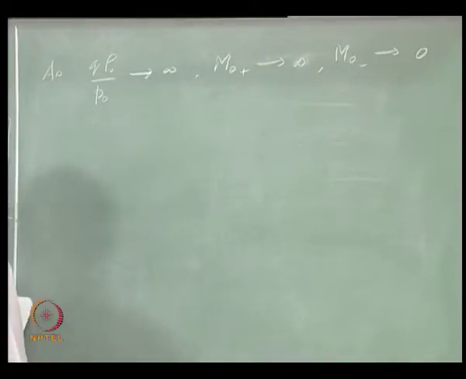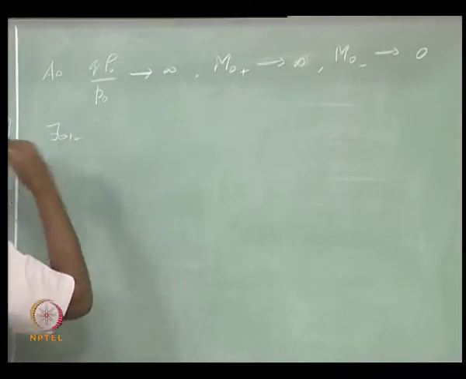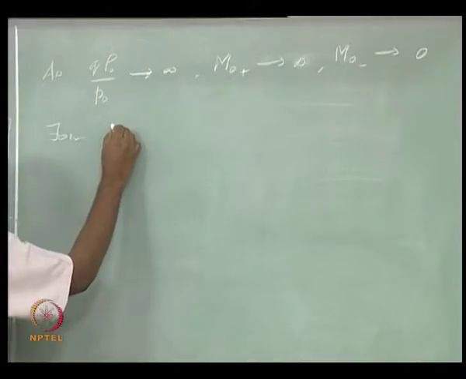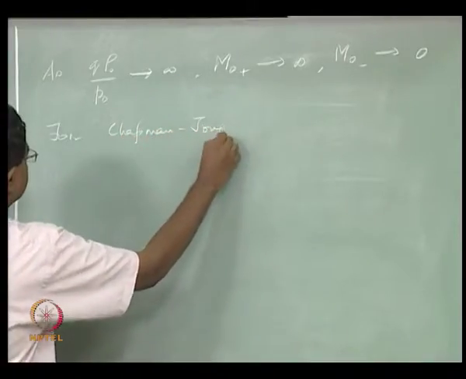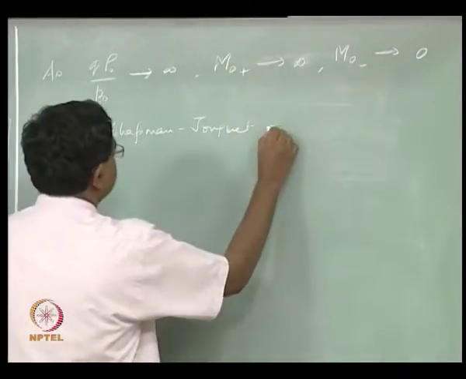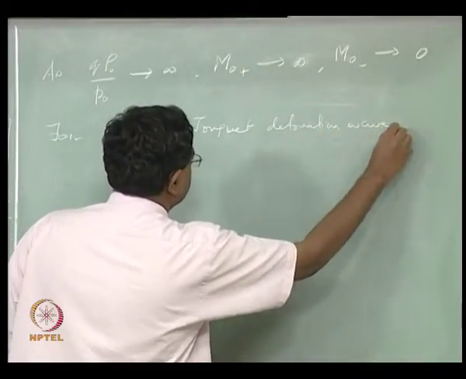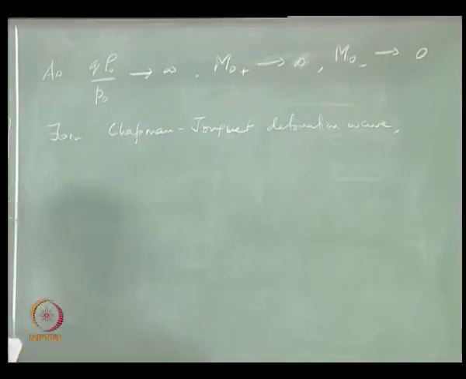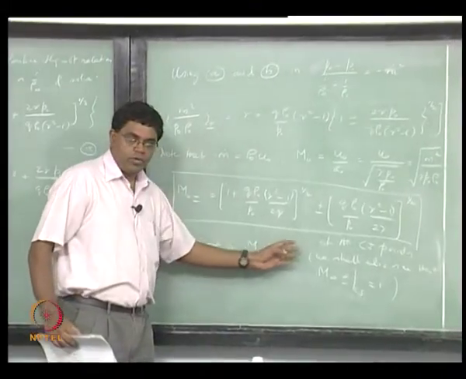what you're then saying is, for the Chapman-Jouguet detonation wave, keep in mind when Q is equal to 0, m naught plus or minus both of them are going to be equal to 1.